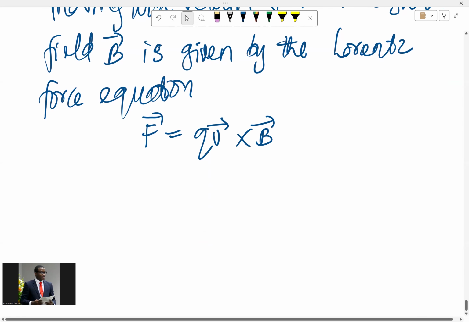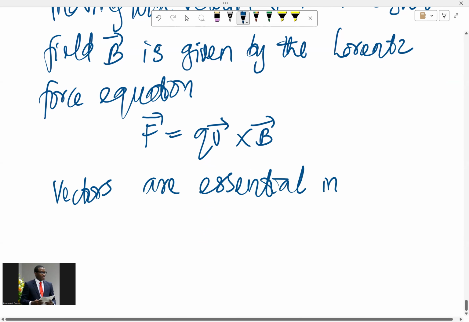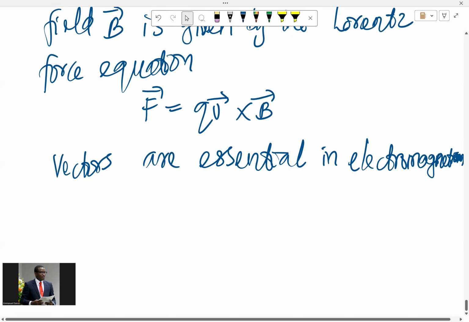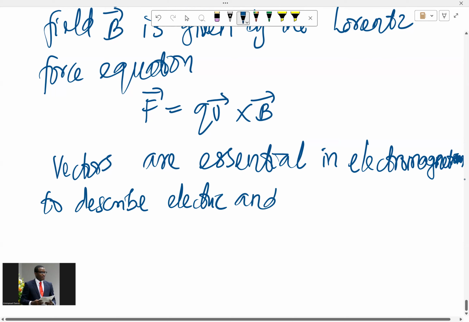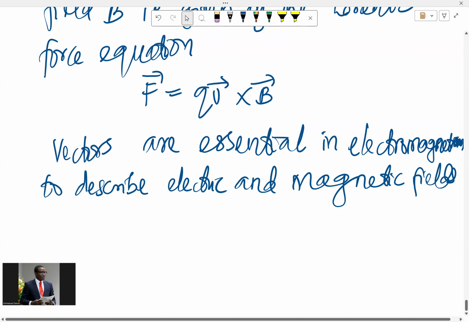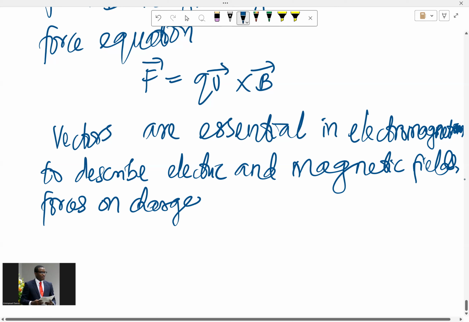So what's the application of that? Vectors are essential in electromagnetism, to describe electric and magnetic fields, forces on charges, and the directions of induced currents.